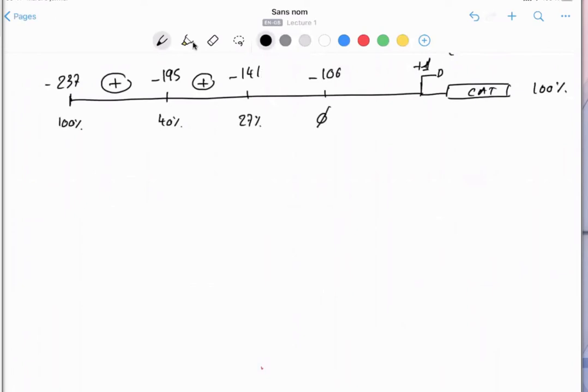So what would be your conclusion for the sequence contained between 141 and 106? I think that the important necessary sequence in the promoter for the expression of the gene lies between the minus 237 and the minus 106. Yes.